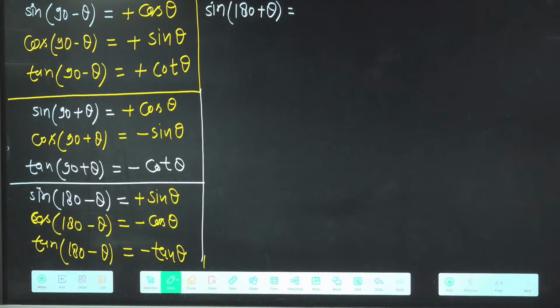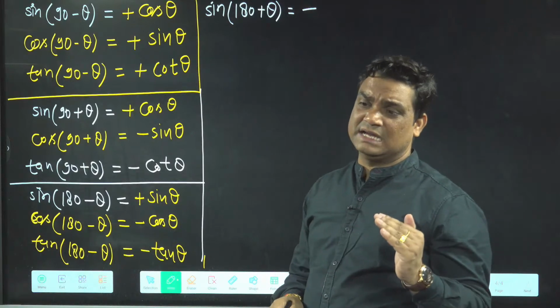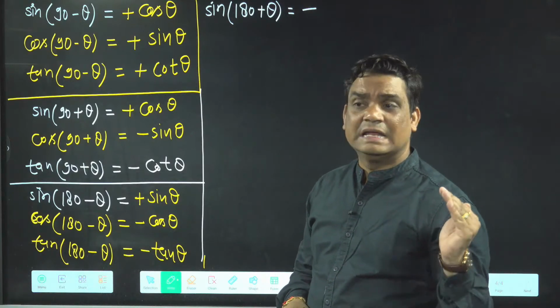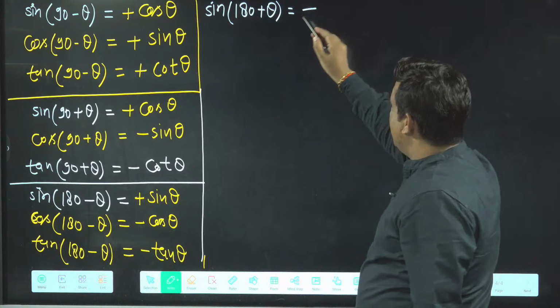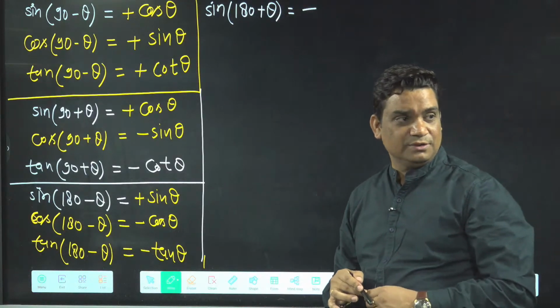It is going to be minus. Why is it negative? Because we know that in the third quadrant it is going to be negative. So minus. And now will it change or not? Now it is not going to change.